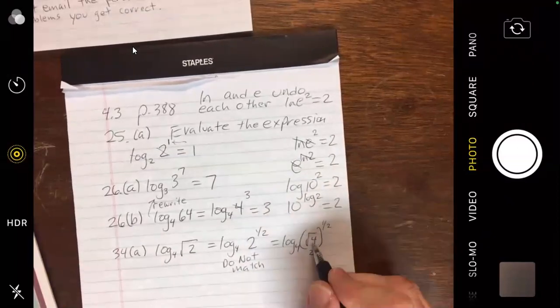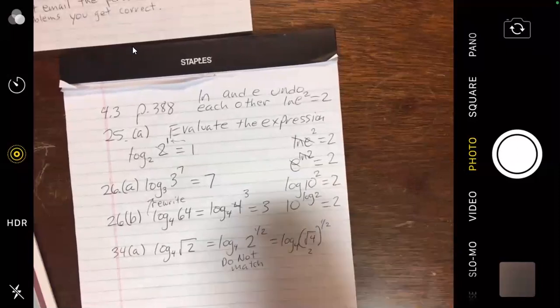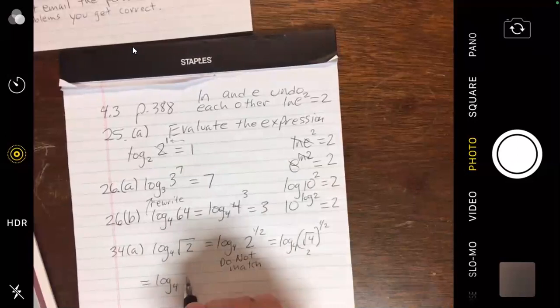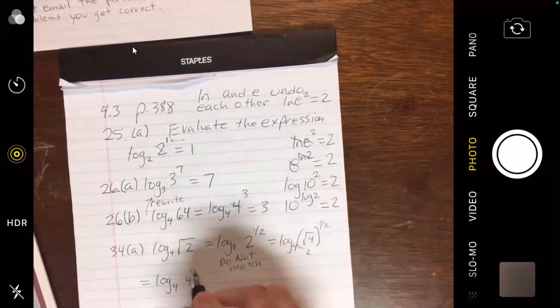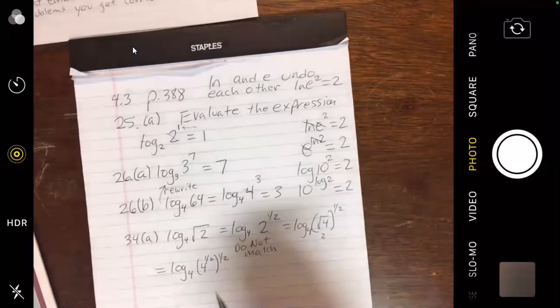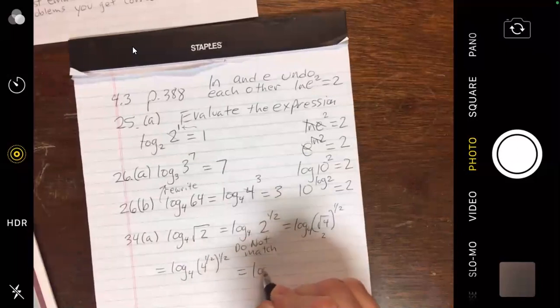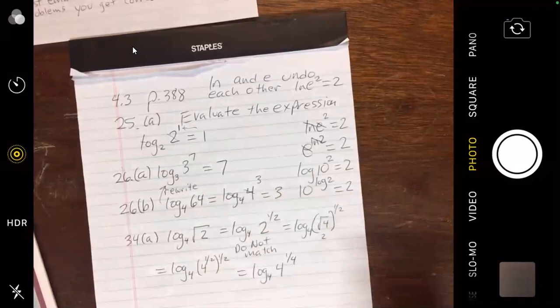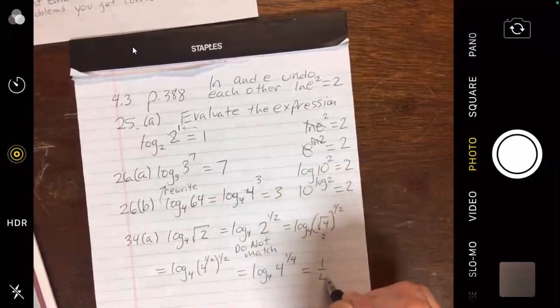That 4 is raised to a half power, so that's log base 4 of 4 to the half, raised to a half power. When these raise, they multiply, and that would give you log base 4 of 4 to the 1/4 power. That would give you 1/4.